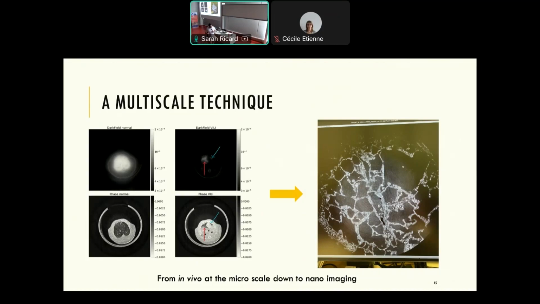And what is interesting also with this technique is that due to the fact that we have a wavelength that is below the nanometer, we can reach resolutions that are not accessible with other, let's say, visible light microscopy. And here are, for instance, images of the lung at 100 nanometers.